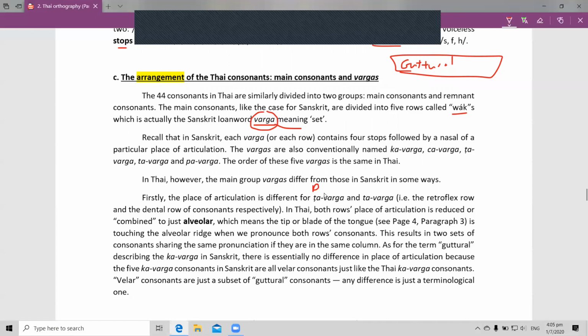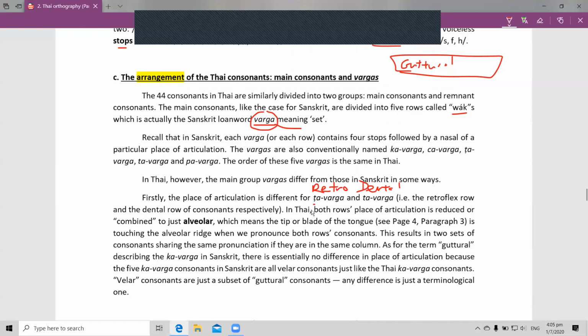This is the retroflex varga, ta-varga. If there's a dot below, it means retroflex. And you have the dental varga, no dot. Okay. In Sanskrit, these two are different sounds. Pronouncing a word with different sounds can give you different meanings, right?